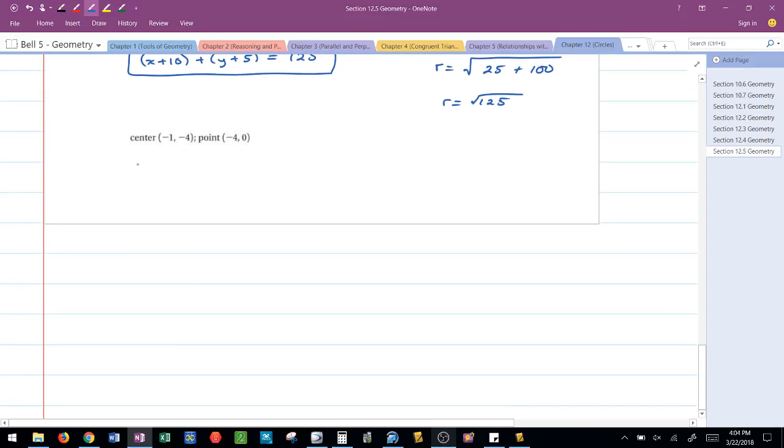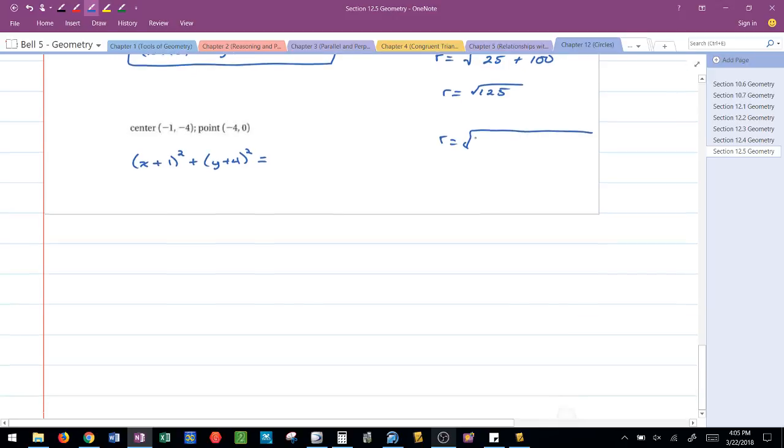All right, so let's take a look at one more like this. I know that the center tells me x minus negative 1, so it'd be x plus 1 squared, plus y minus negative 4, or y plus 4 squared, equals some radius squared. I have to find the radius using the distance formula.